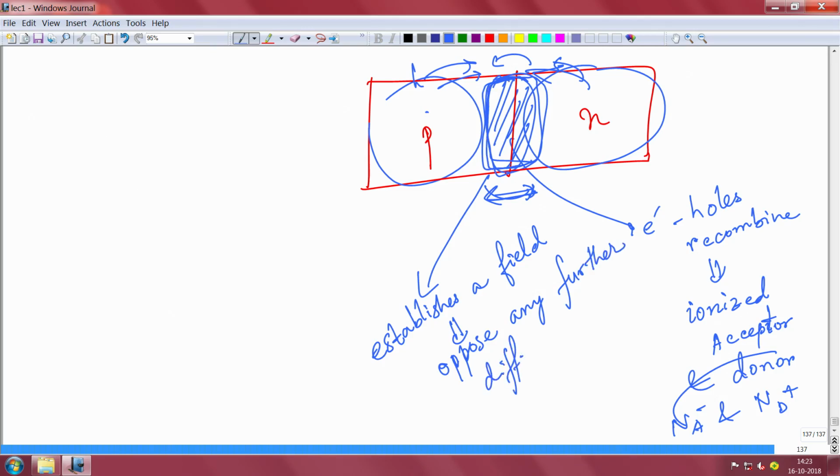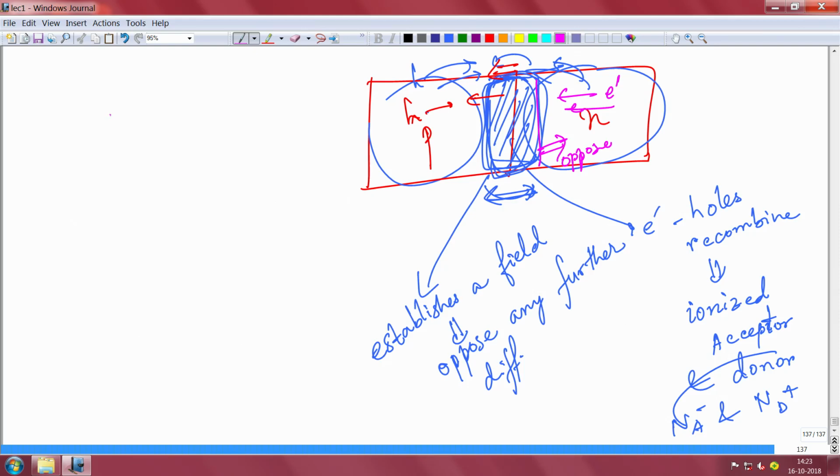That field will oppose any movement of holes. Similarly, electrons are trying to move this side, that field will oppose that. So that field will ensure that no further electrons and holes can diffuse and it will reach equilibrium.